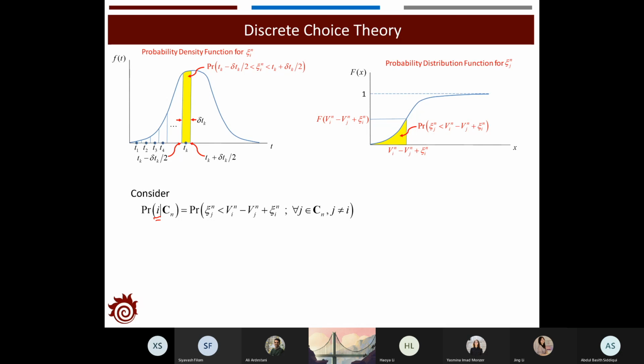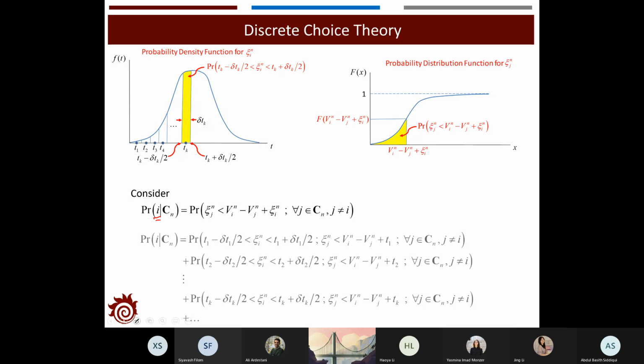As I mentioned previously, to do this calculation we have to consider the joint probability for the two variables. You can quickly expand this equation, starting with the first cell and going through all the other cells to the end, an infinite number of cells.